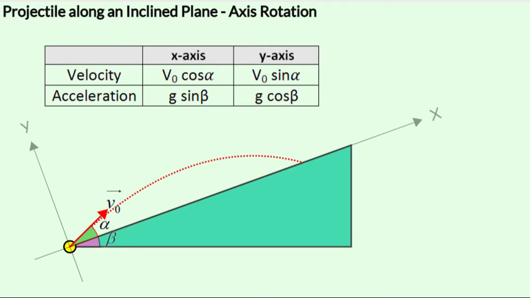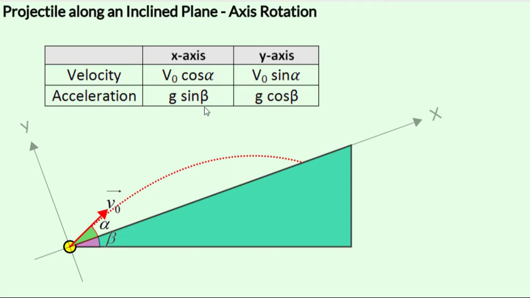This is a table which shows you the new initial velocity and acceleration vector components along the newly rotated axes. This table gives us just the magnitudes and not the signs. But now, along the x-axis, the initial velocity vector will be v0 cos alpha, pointing upwards along the incline, and the acceleration along the incline will be g sine beta in a direction opposing the initial velocity vector.